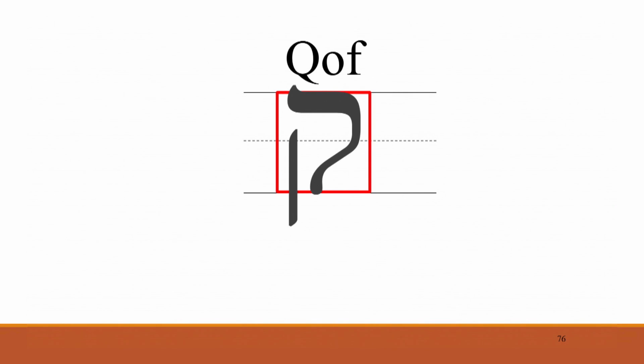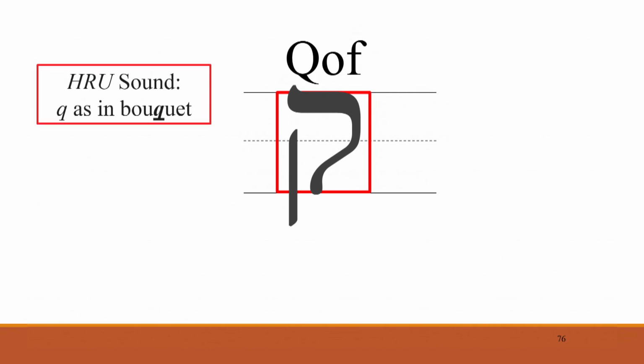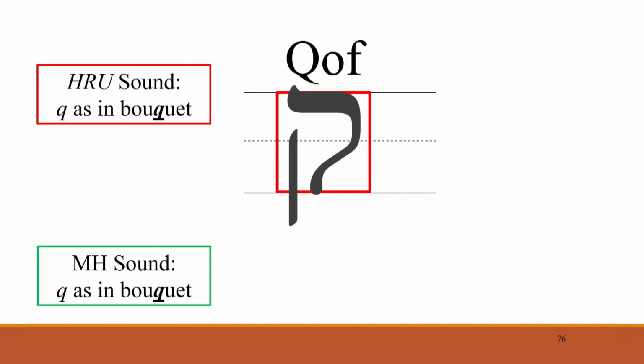We're almost there. Third group of 4. These are the last 4 letters. Here's kof. The sound that it makes is like the Q in bouquet. So it's going to be indistinguishable for us from the K. Modern Hebrew, same thing.